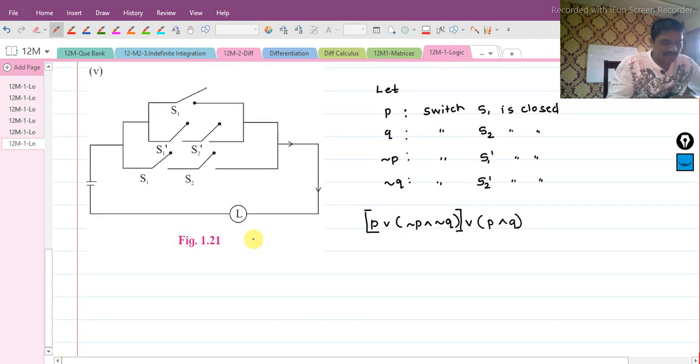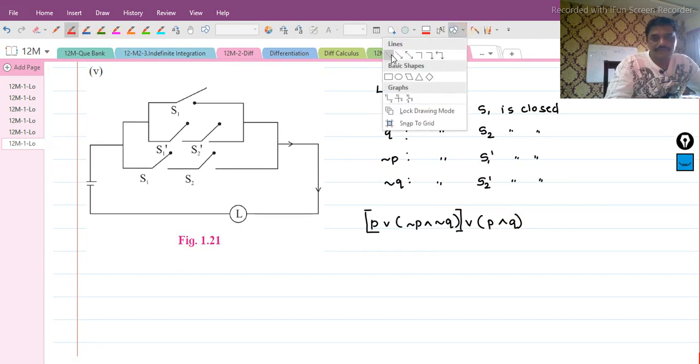Now let us prepare the truth table. What are the columns for the input output table? This is our answer for the symbolic form of the statement.